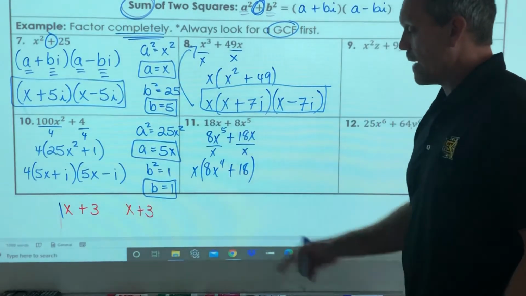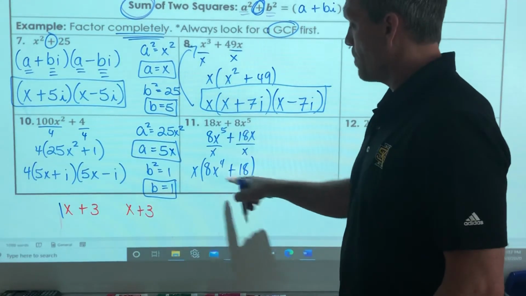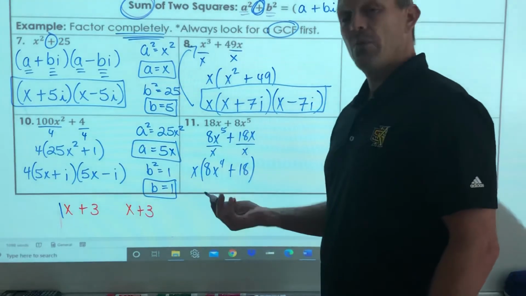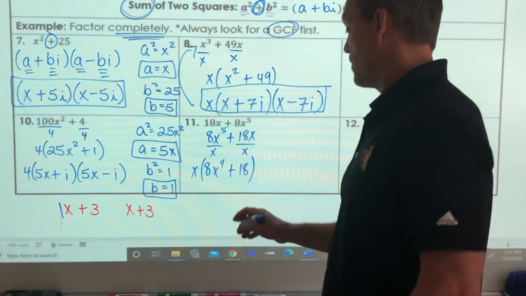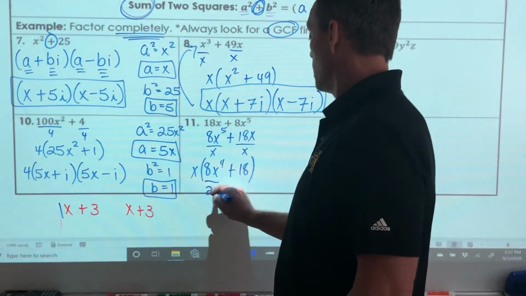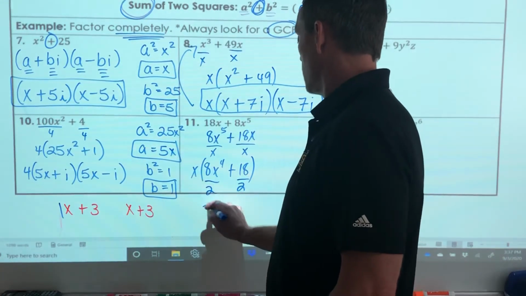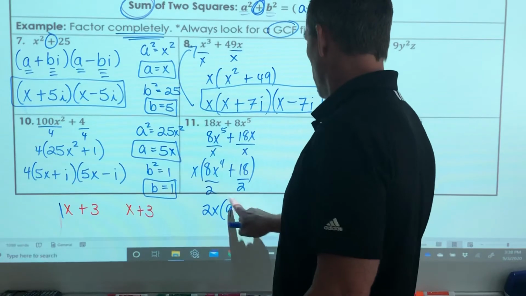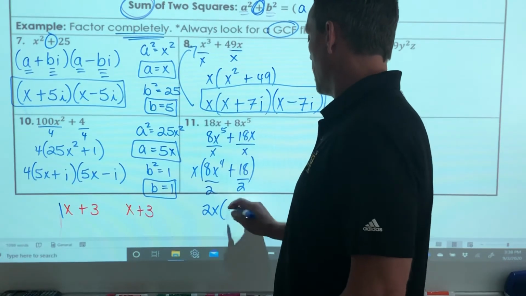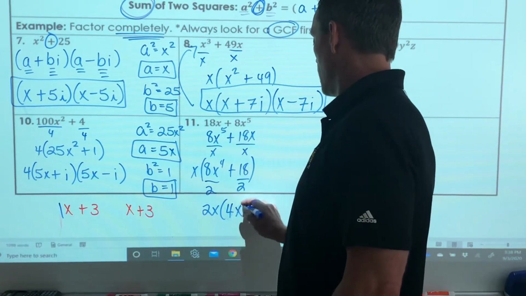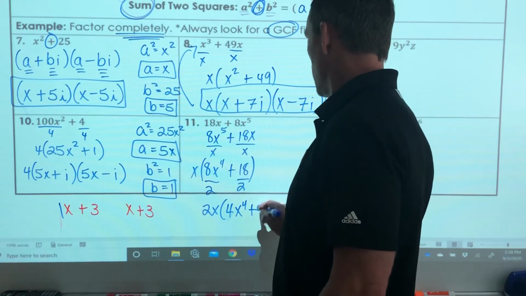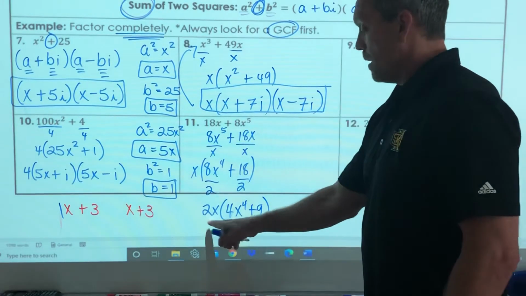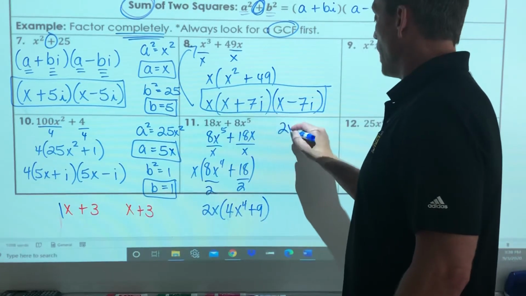Unfortunately, we pulled that x out, but these aren't perfect squares. So we got more of a GCF. Oh, sorry. I wanted to write a 4 and I wrote a 9. Now our GCF is 2x.